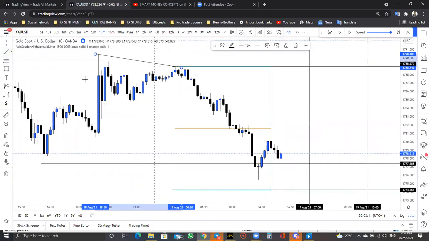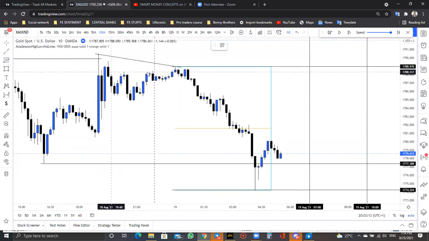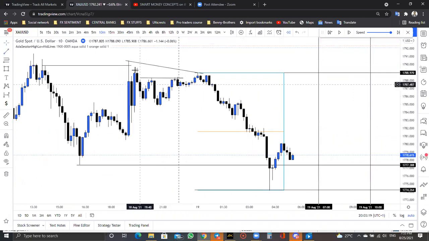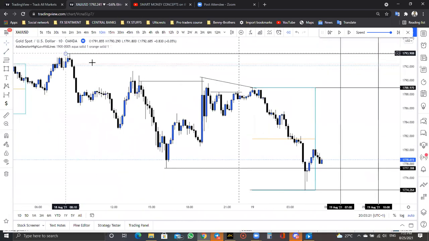Liquidity. You think it was a mistake that they didn't come and take this previous day high? No, they're not mistaken. And do you also know that you see this guy that has a stop point? I'm also careful of it.